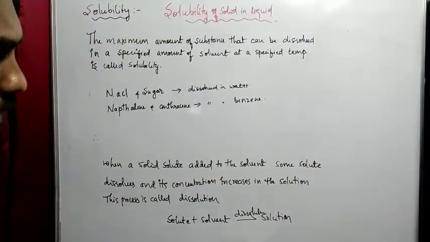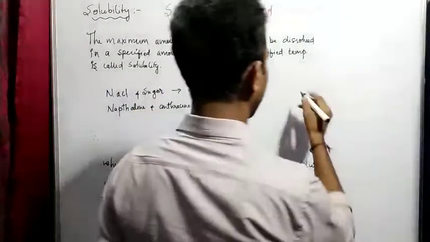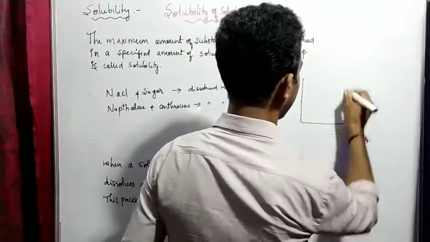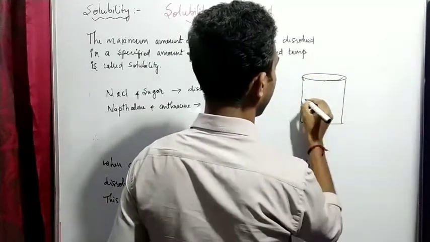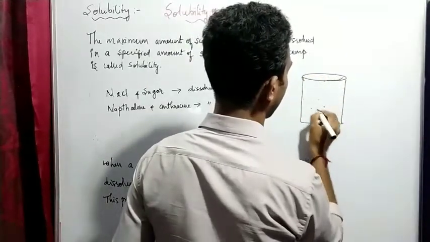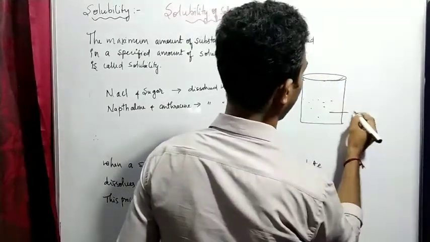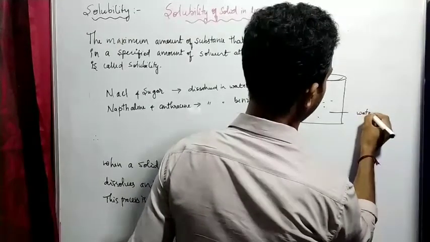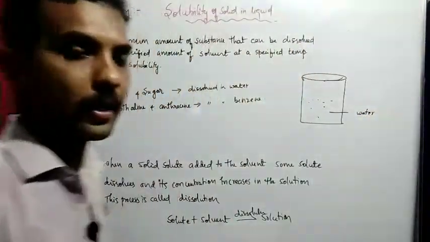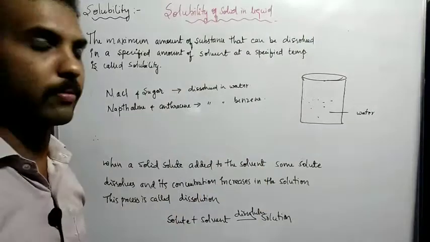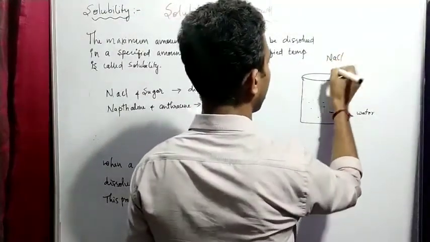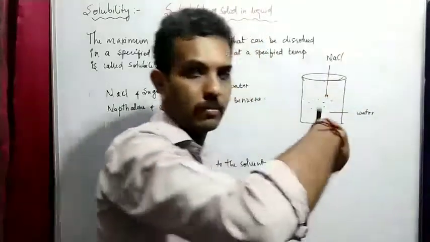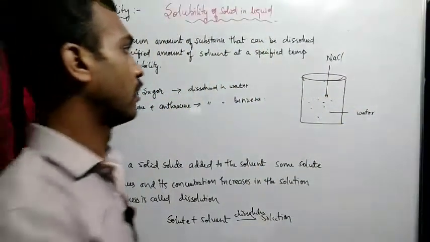So simply we can take a particular solvent. Take a beaker with water. For that you can add salt, sodium chloride. When you add sodium chloride, NaCl, and stir it very well, then what happens?